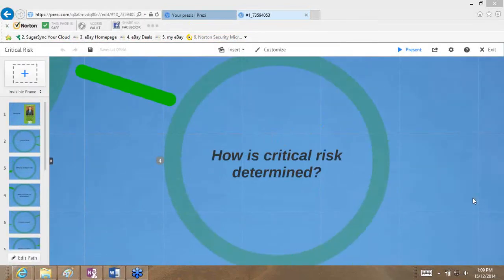Okay, so first off, we have: my organisation has a firm grasp on what critical risks are in our day-to-day operations. The options you've got there are strongly agree, agree, disagree, or strongly disagree.